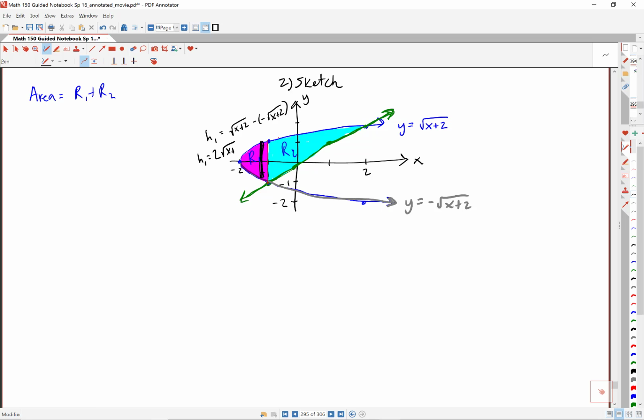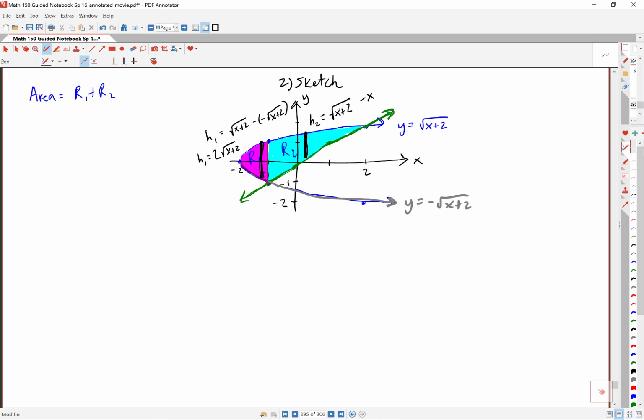Now height 2, at any given time, is going to be the positive side of the parabola, the conic of root x plus 2, and then minus x, minus the graph of the line.